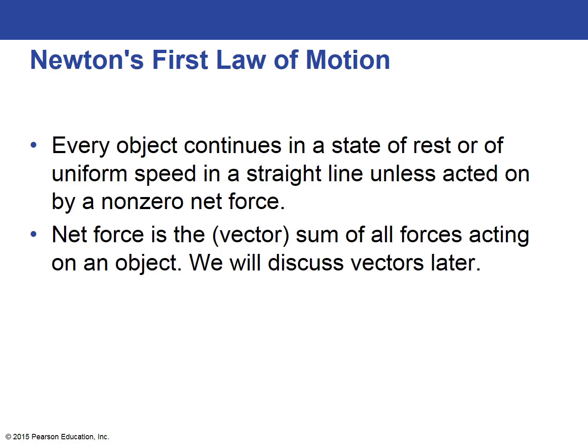In particular, we're going to look at the vector quality of force, and we will say that the vectorial sum of all the forces must add to zero if Newton's first law is observed. And so we'll now discuss vectors in the next slide.